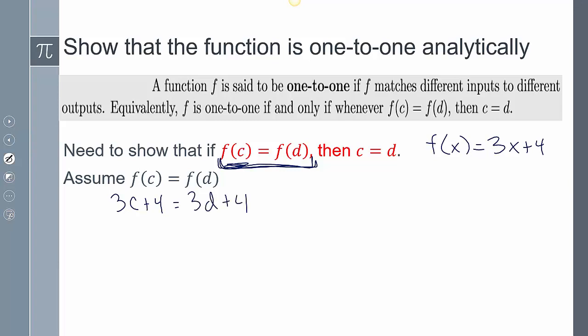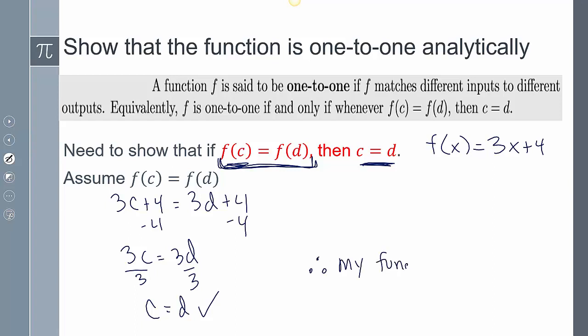Now I need to algebraically simplify this to show that c equals d. I could subtract 4 on both sides, so I get 3c equals 3d. Then if I divide both sides by 3, I get c equals d. Because I was able to show that c equals d, I can conclude that my function is 1 to 1.